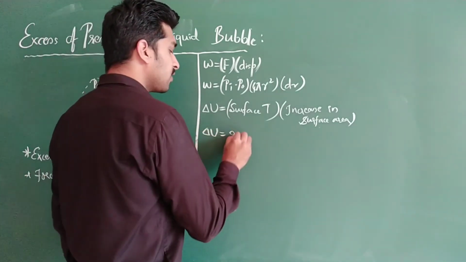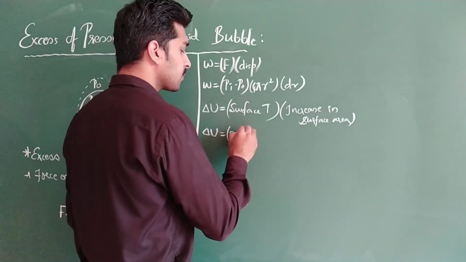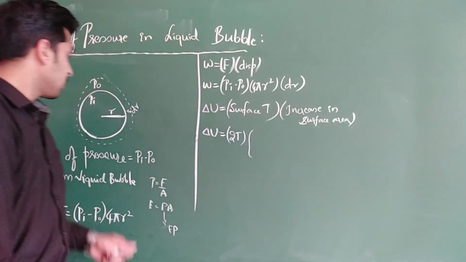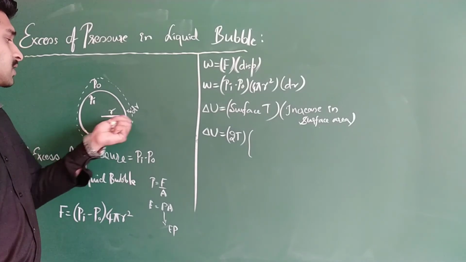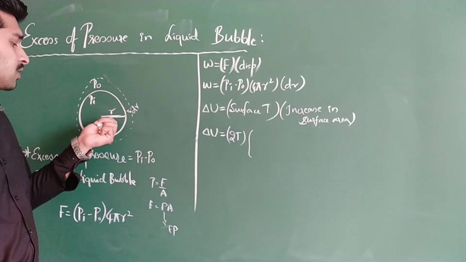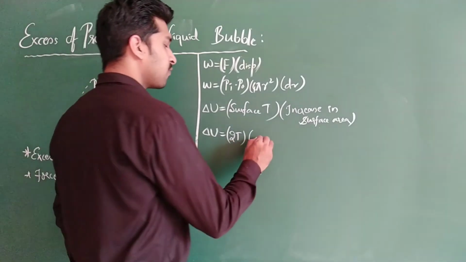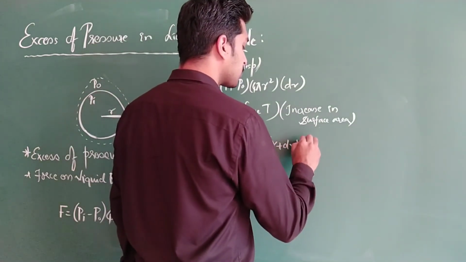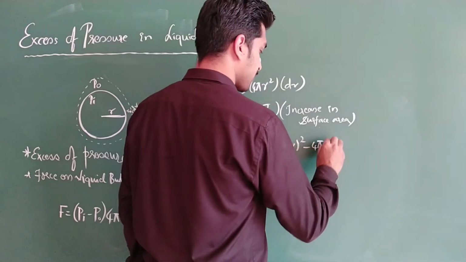So T will become 2T. And increase in surface area: final area is for R plus dr radius, initial area for R. So I can write 4 pi (R plus dr) whole square minus 4 pi R square.